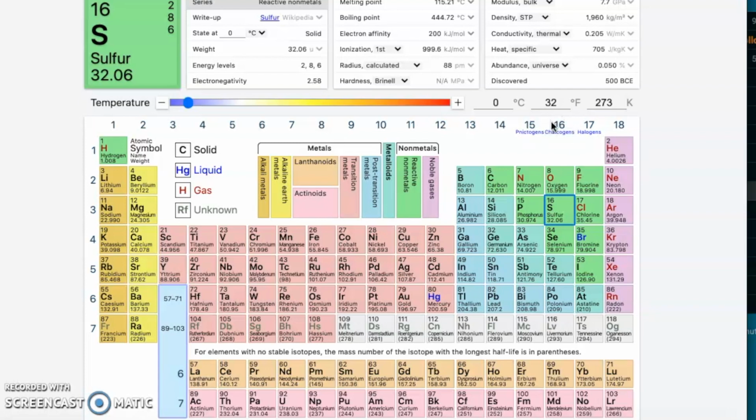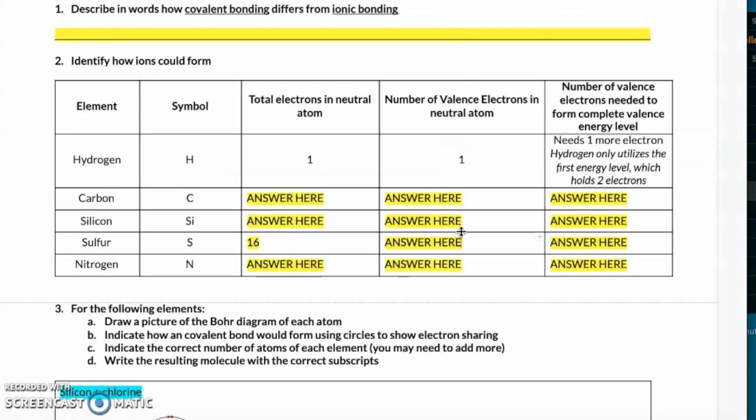This tells me that sulfur should have 6 valence electrons. And finally, let's think through what we would need to make sulfur happy and full. Well, right now it has 6 valence electrons, and a full energy shell would be 8 valence electrons. So it needs 2 more electrons.